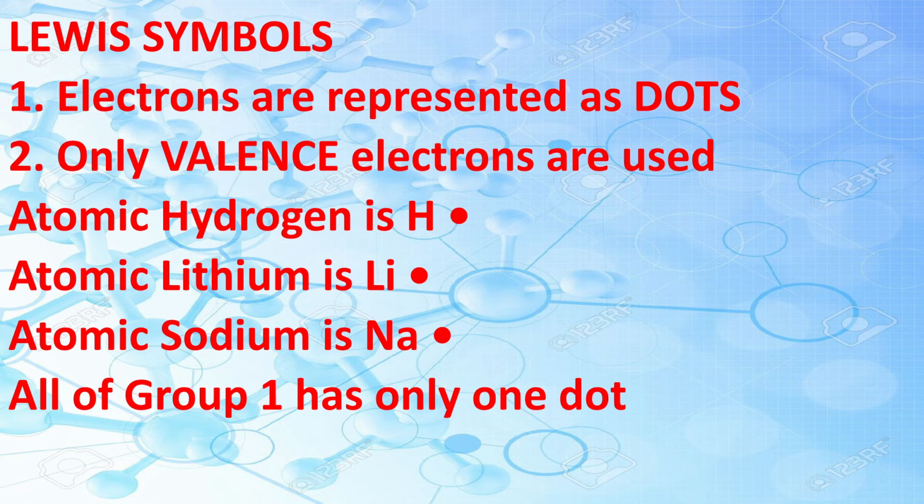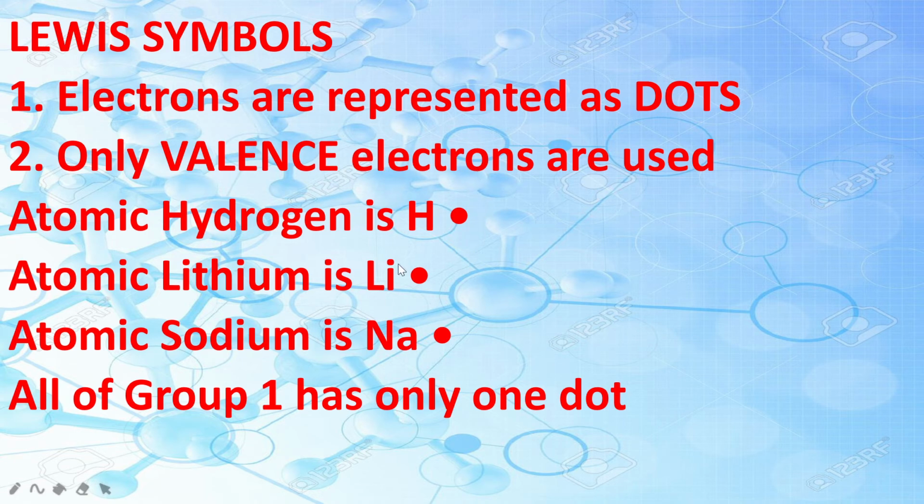Atomic hydrogen has only one valence electron. So the valence electrons we will base from the valence shell. The valence shell describes their atomic electrons.